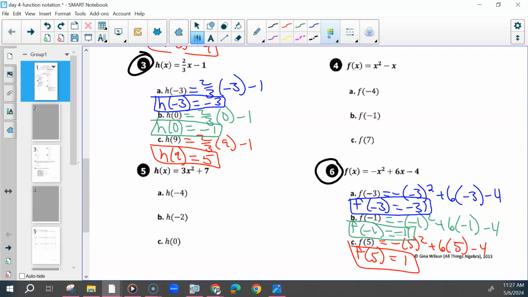So either put that in your calculator, into Desmos, or do it by hand. I'm just going to set it up to show you what it looks like.